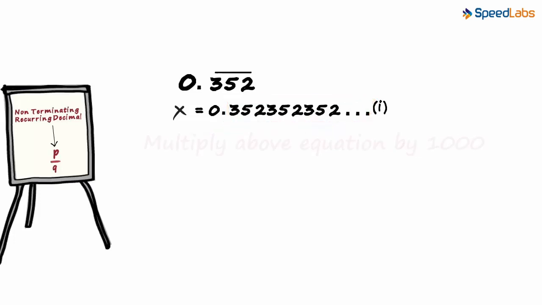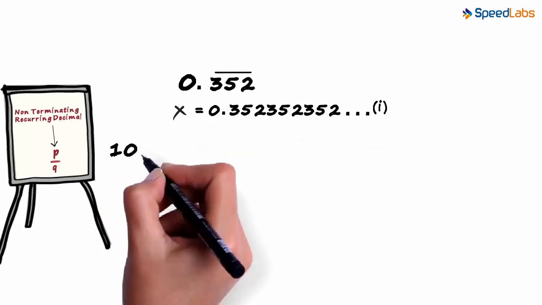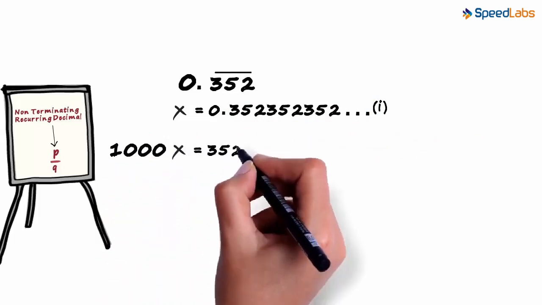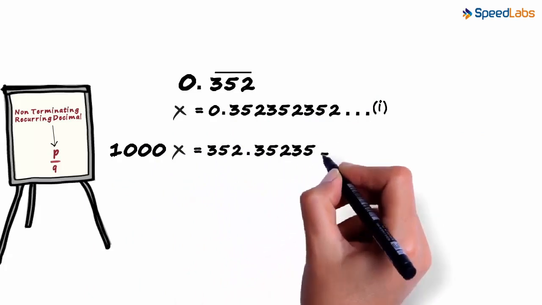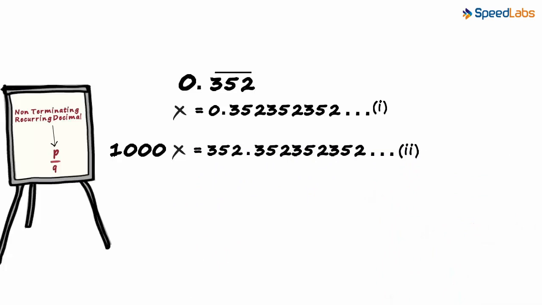So let's multiply both sides of the equation by 1000. We get 1000x equals 352.352, 352, 352 and so on. Now the digits after the decimal point match. Let's make this our second equation. If we subtract this equation from this one, we will be able to eliminate the recurring part.